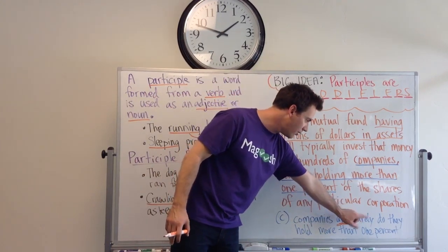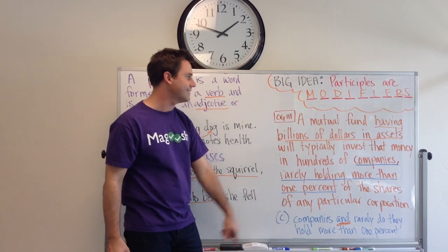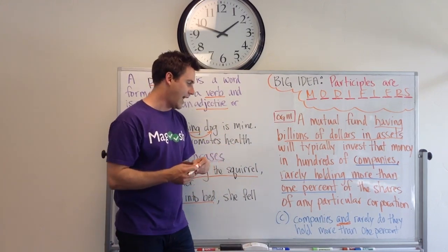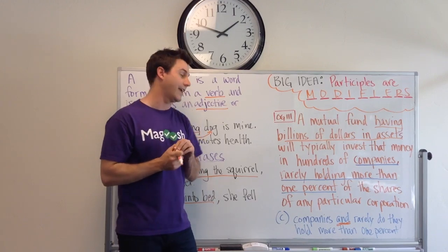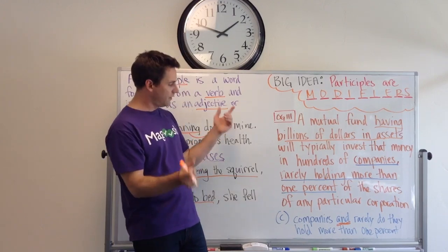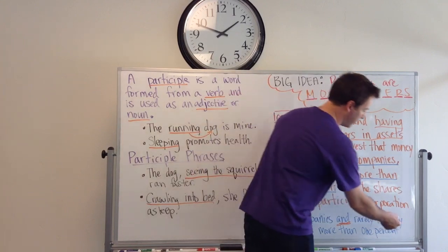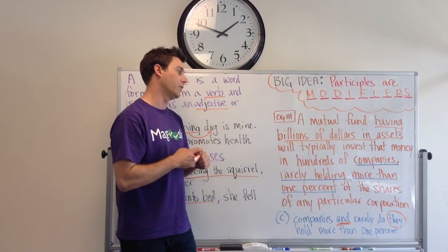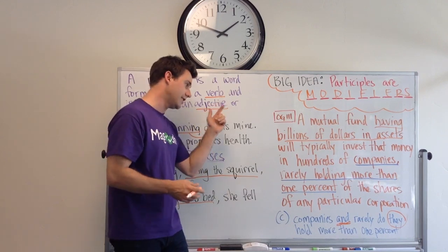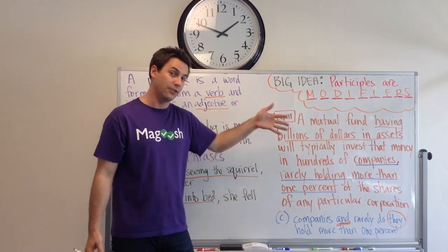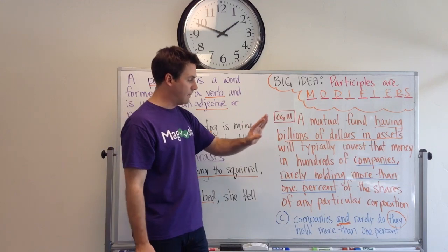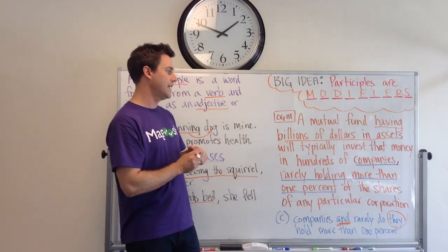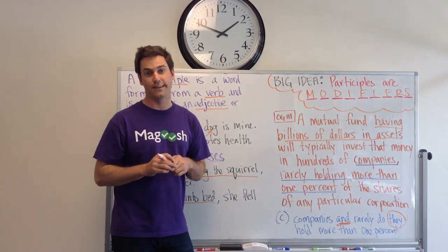No longer, rarely do they hold more than 1%, does it refer to our mutual fund. It changes it and is no longer the predicate of mutual fund. Also, another problem here too, no longer do they, we have a plural pronoun, when really we would need a singular one. So the answer choice here, this is actually written correctly. The answer choice was A. So this is a good example of how to use a participle phrase as the predicate of your sentence.